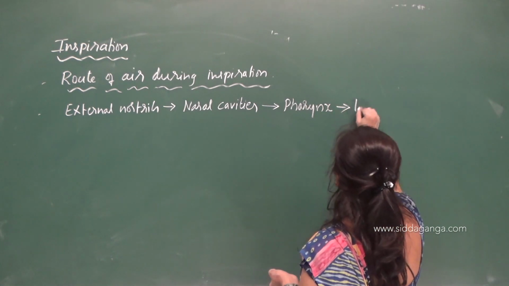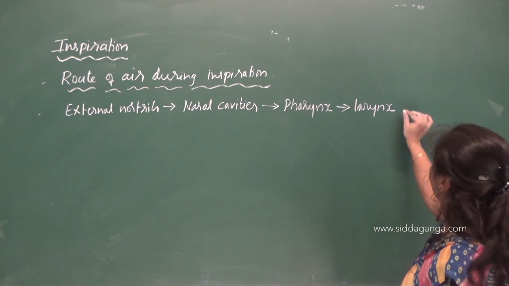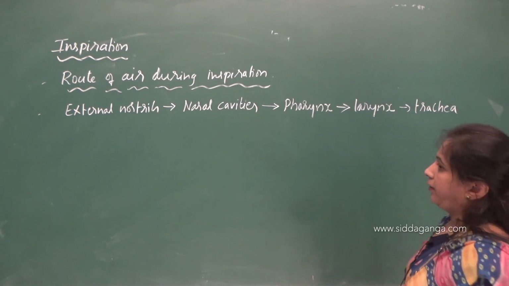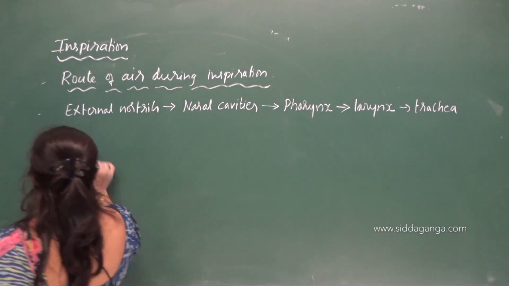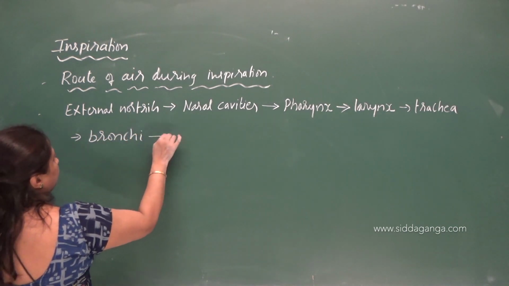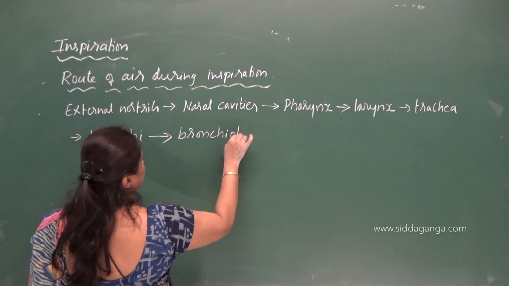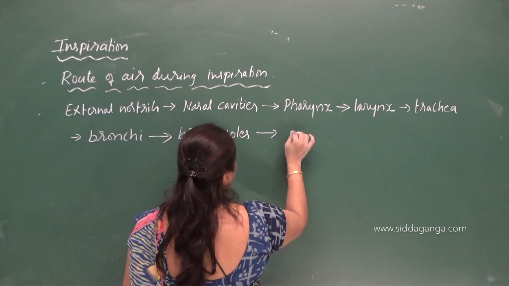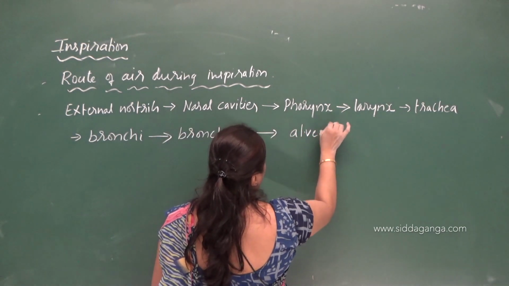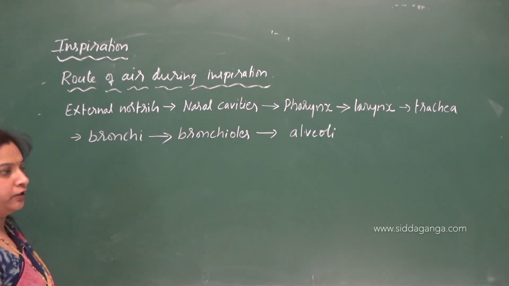Then pharynx to larynx, then comes the trachea, the windpipe. From the trachea to the bronchi, then bronchioles, and finally the inhaled air reaches the alveoli. So this is the route of air during inspiration.